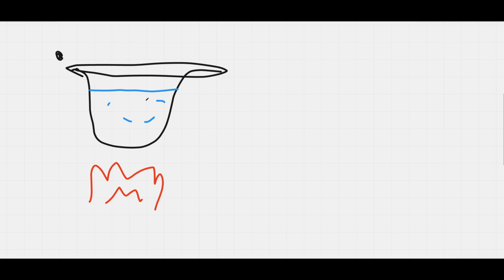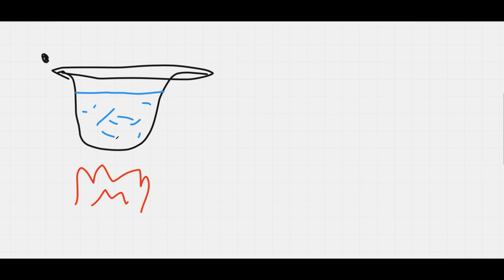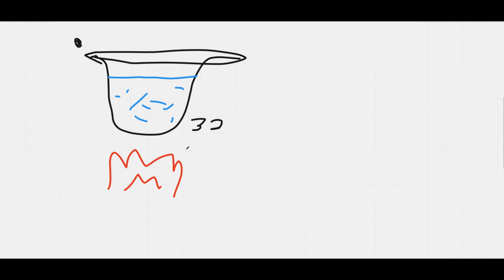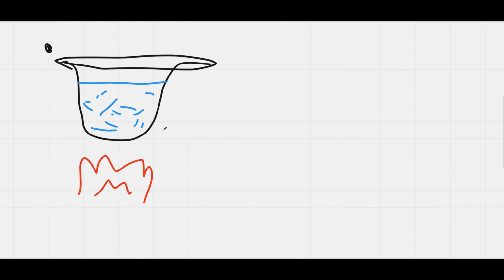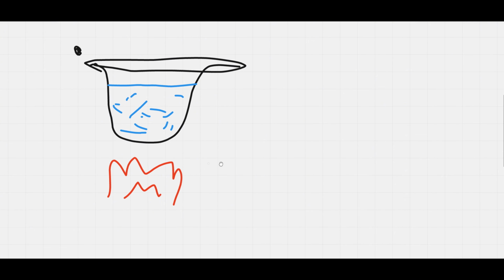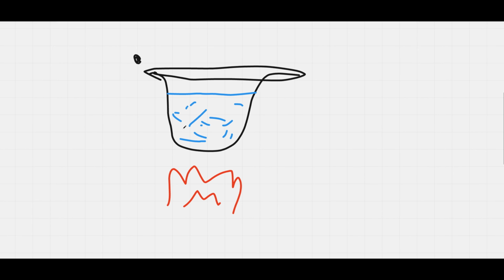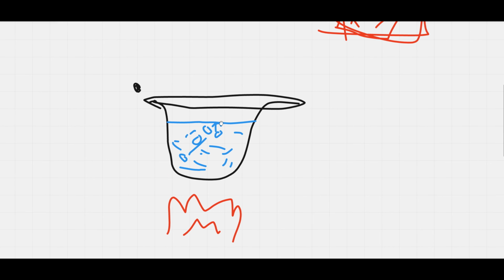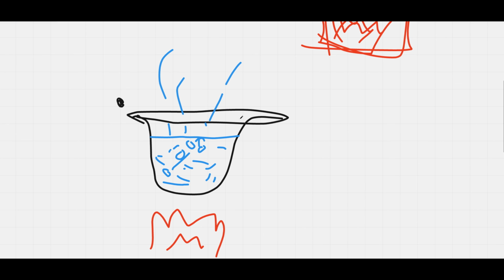Now the water molecules in this liquid are currently maybe 32 degrees Celsius. When the molecules reach 100 degrees Celsius, boiling point of water, they start to transform into gases, which is water vapor. So bubbles form and these bubbles rise and they escape as water vapor.